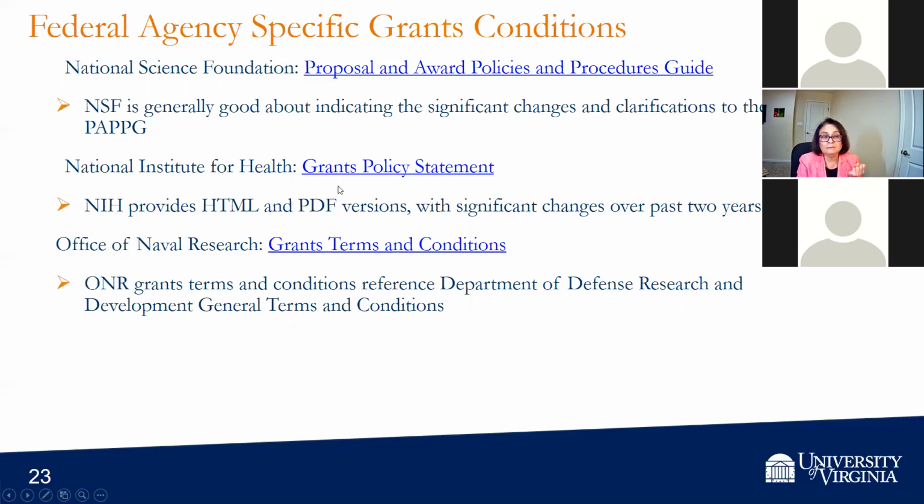For NIH, the policies and procedures related to grants are in the GPS, so that's what we often refer to. They also have their own general terms and conditions. And I have just provided some links to the agency-specific terms and conditions.